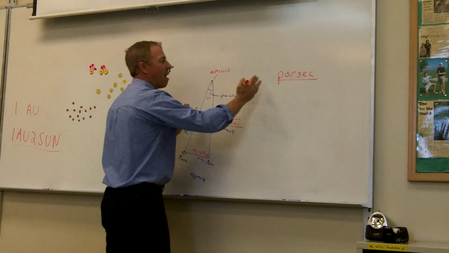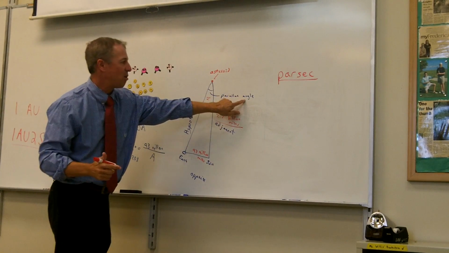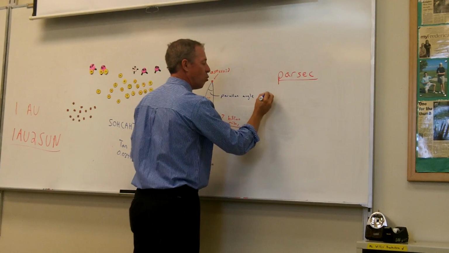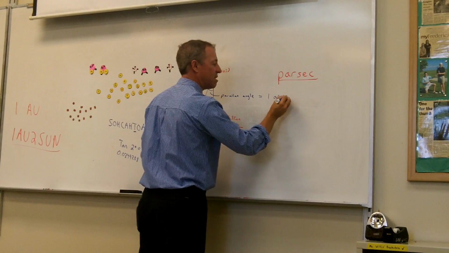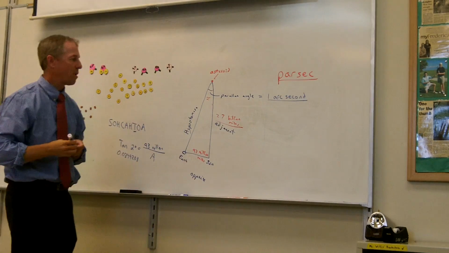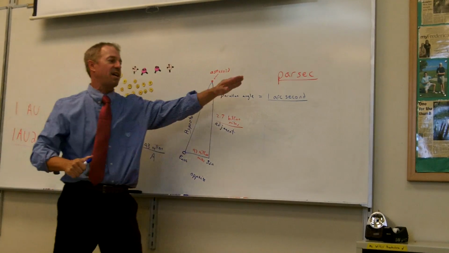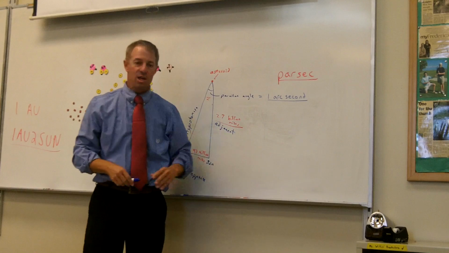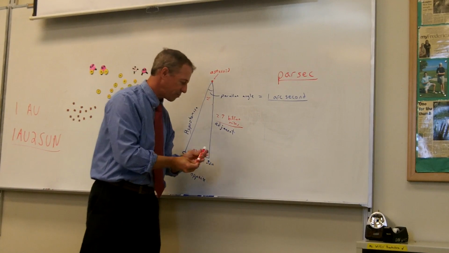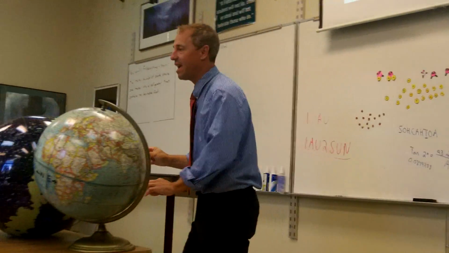A parsec means a parallax angle equal to 1 arc second. Now, what you have to understand is what an arc second is. So I'm going to explain to you what an arc second is. An arc second is not very much angle. It's just a little bit of angle.